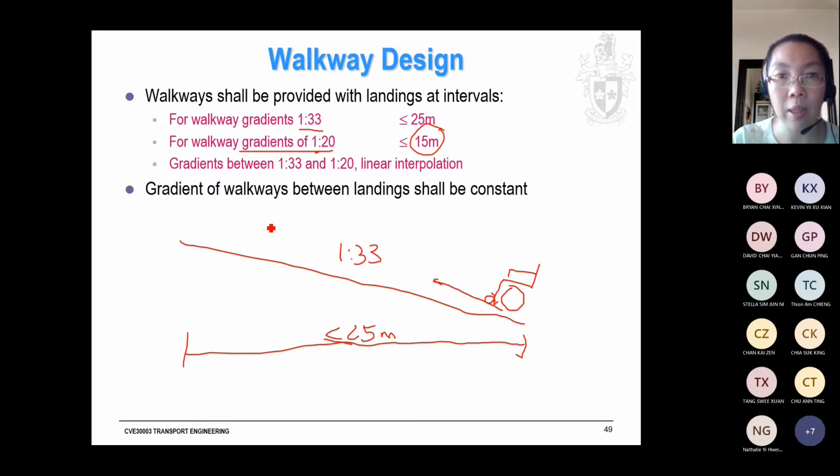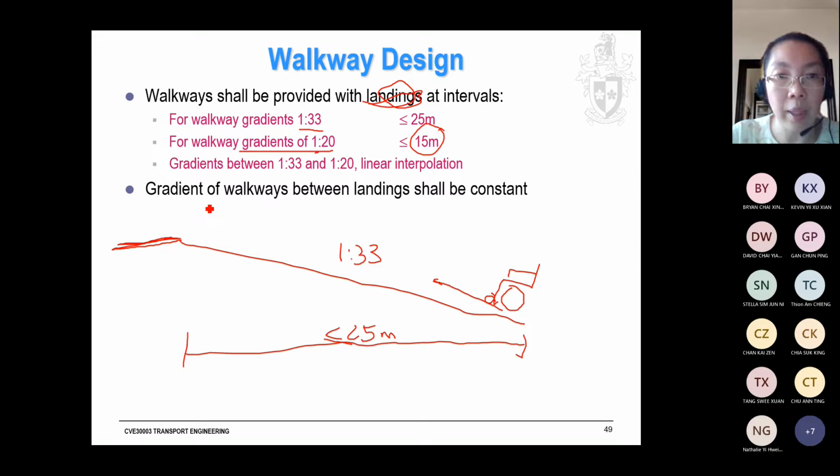So if it is very steep, you cannot have a very long distance, otherwise your hands get tired. So if you need to provide for a longer distance, then you have to provide a flat landing. This is flat. So this is the landing.